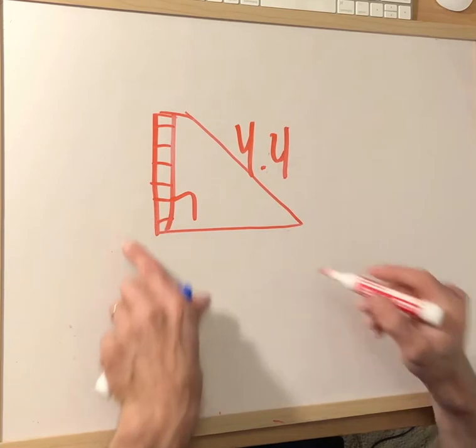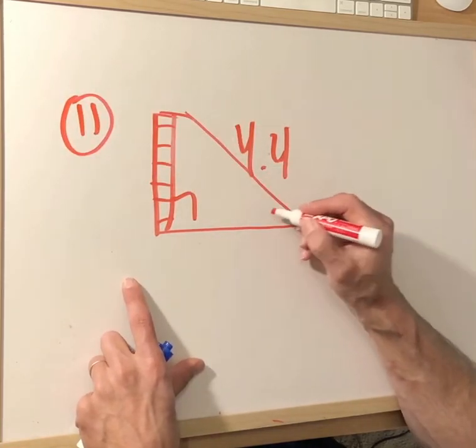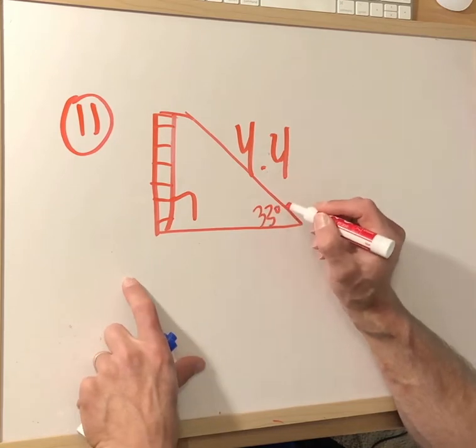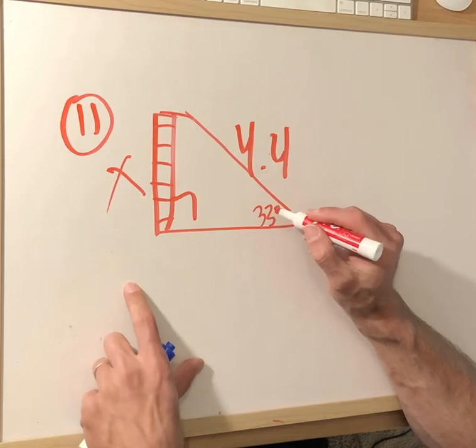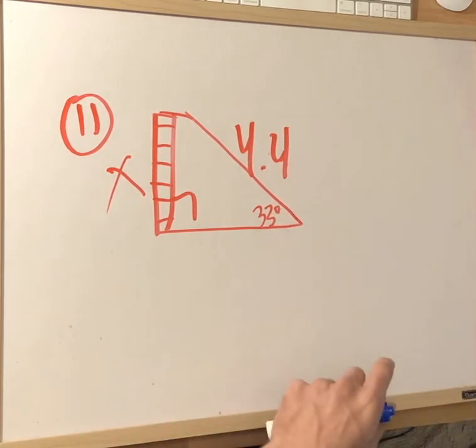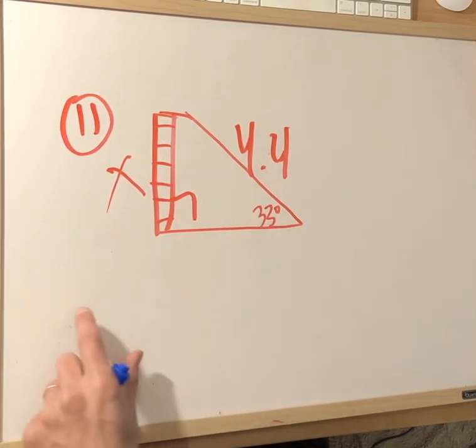For number 11, the angle that it makes with the ground is 33 degrees. How high is the top of the slide? Here you go. This is the same exact question as number 2 and number 5. It's almost identical to number 5.